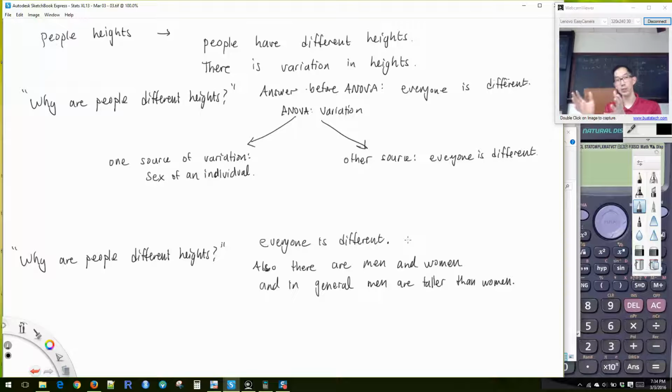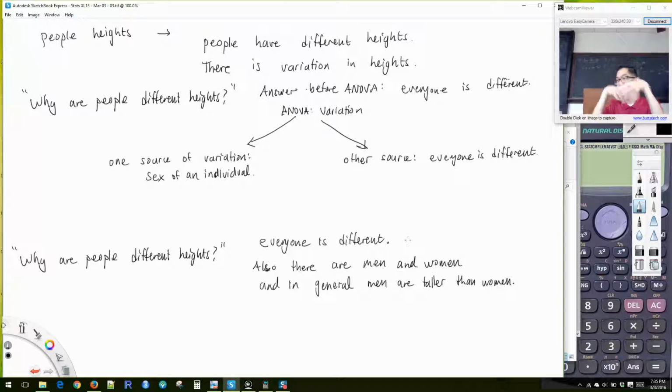One of the sources will always be individual differences. Even though in general men are taller than women, you can have tall women, you can have short men. So there's always going to be individual differences. That's always going to be a source of variation. But rather than just saying there's this much variation between everybody, we can say part of the variation is because there are two distinct groups in the population, men and women.